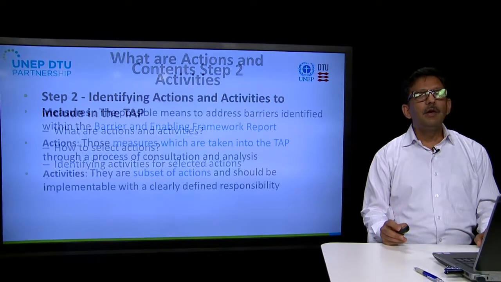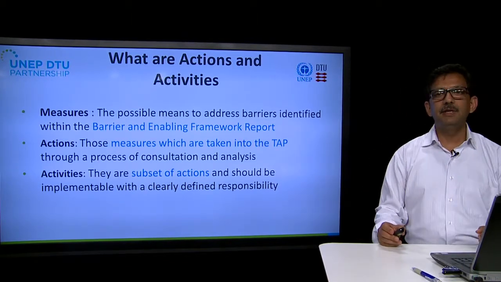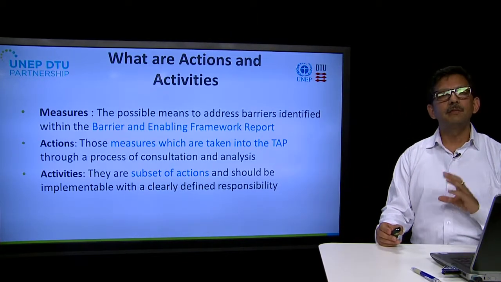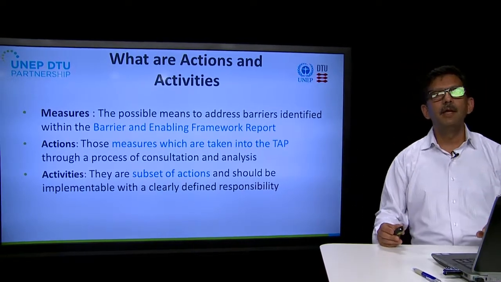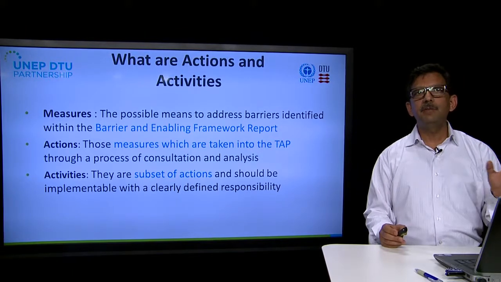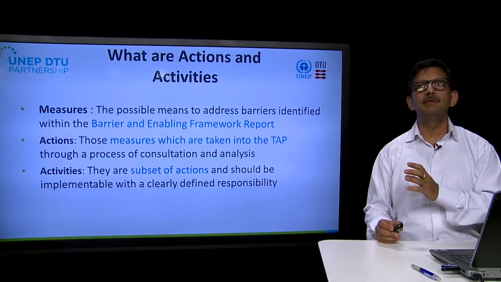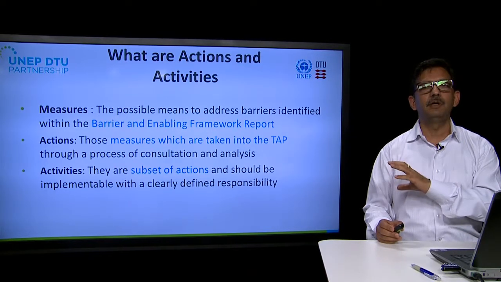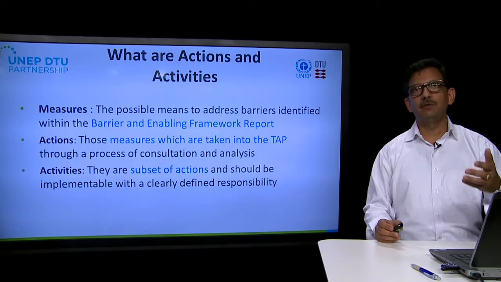Now before we go into this issue of actions and activities, we have to be a little bit conversant with the terminology which is used within the TAP guidance, and we have been very much familiar with this idea of majors, which are essentially coming from the barriers and enabling framework analysis, where the majors are the means to address the barriers.